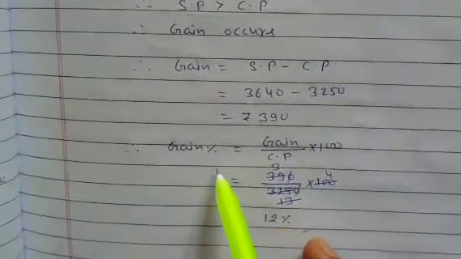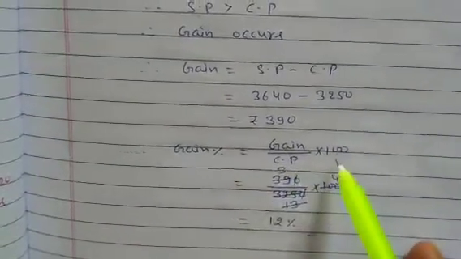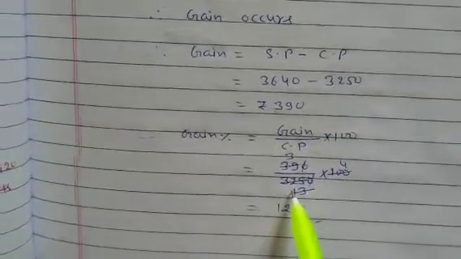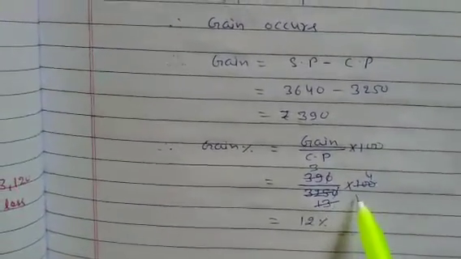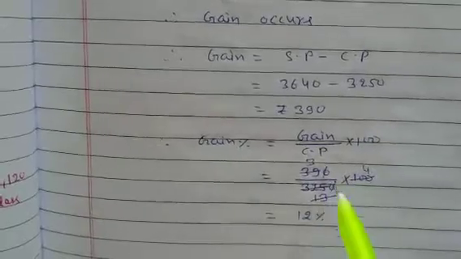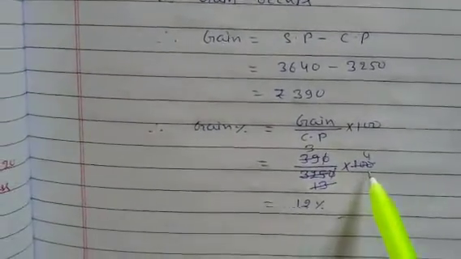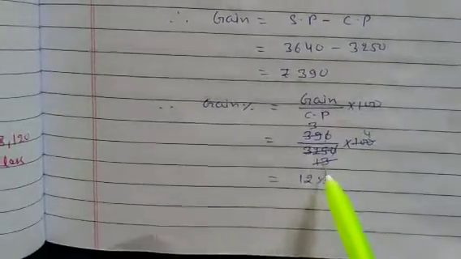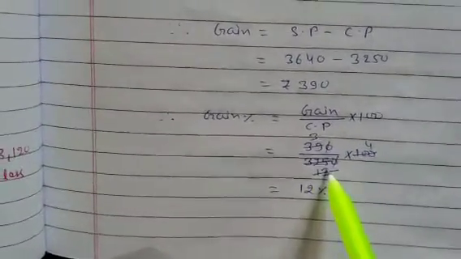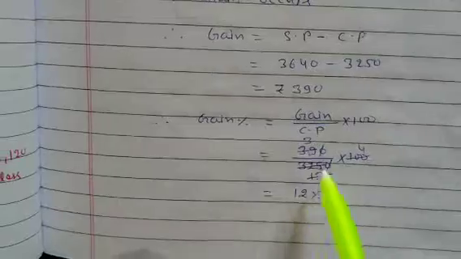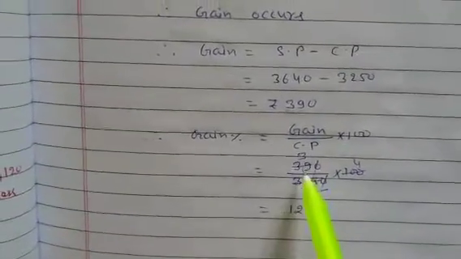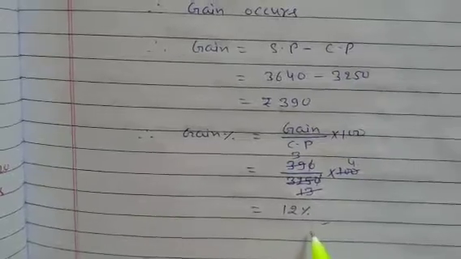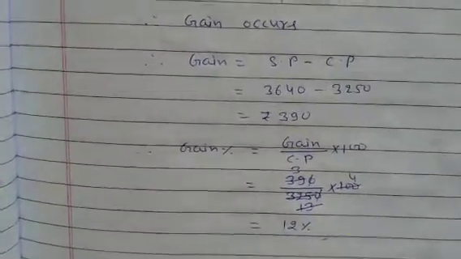So gain percent is equal to gain by CP into 100, equal to 390 divided by 3,250 into 100. 0 and 0 cancel. 25 fours are 100, 25 thirteens are 325 and 13 threes are 39. So it is equal to 12%. That is our answer.